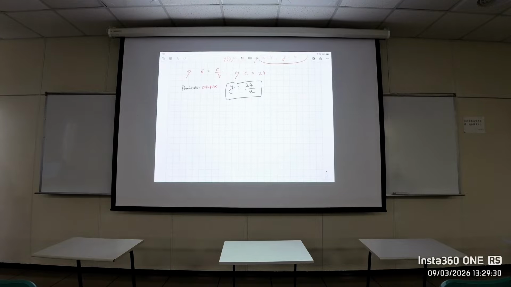Moving on to the next one. Maybe the next question is question number 2. y dash is equal to 1 plus y square, and the initial condition is y(1) is equal to 0.